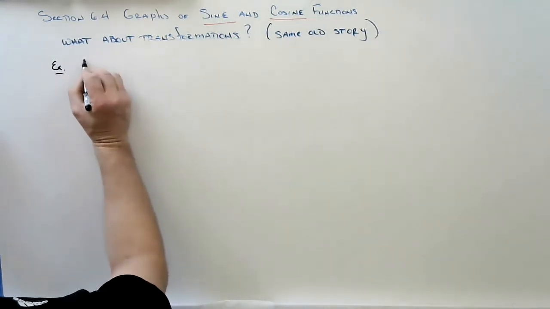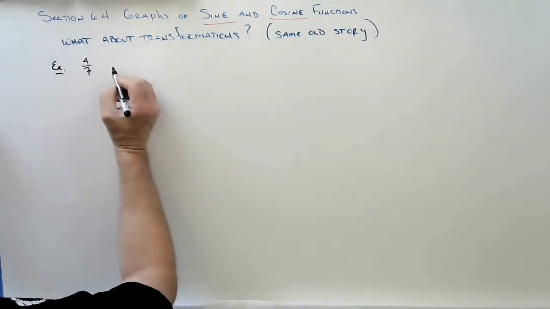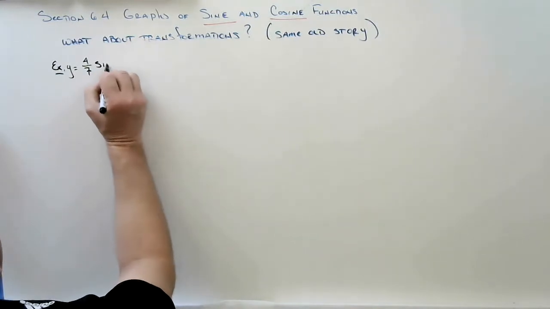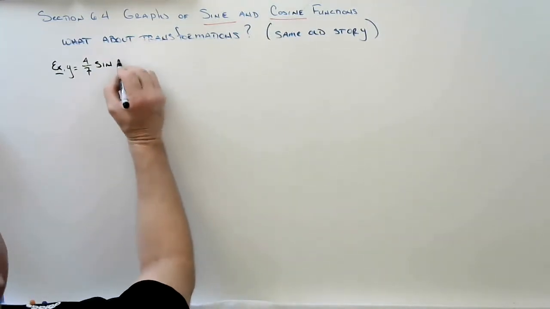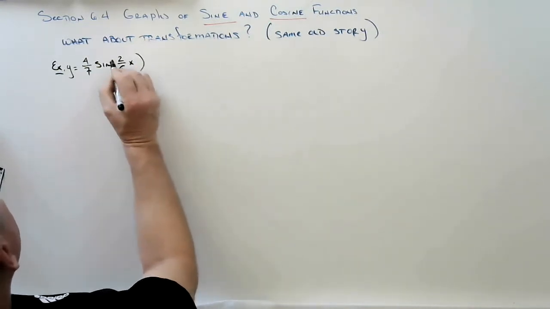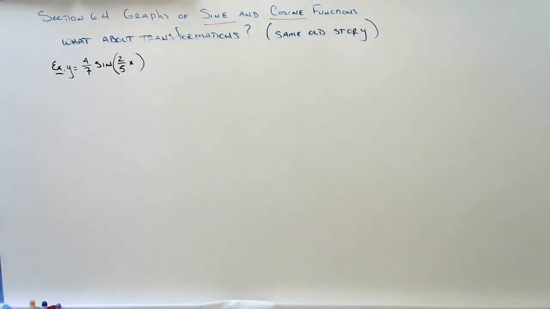I'll make this y equals 4/7 sine, and then we'll make this 2/5 x, like that. All right. Now, I'm going to tell you right now, there's nothing in the book this bad.